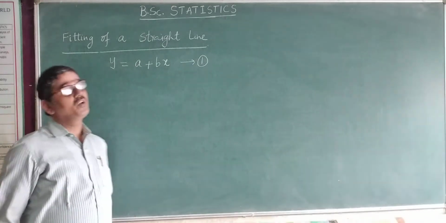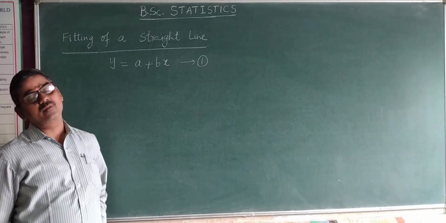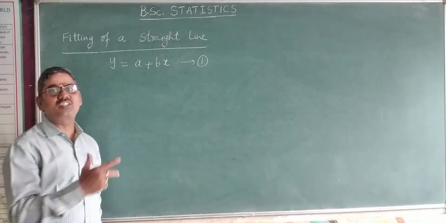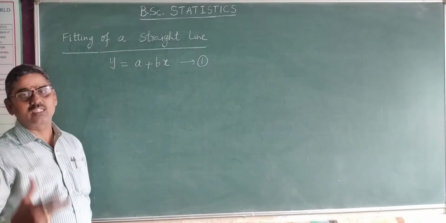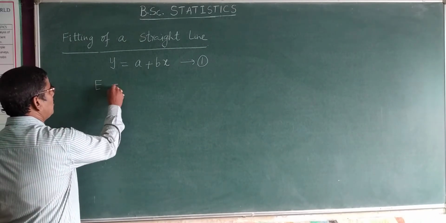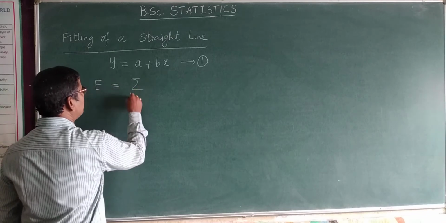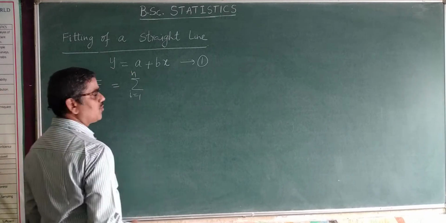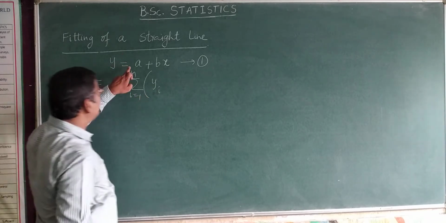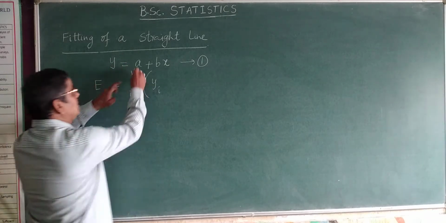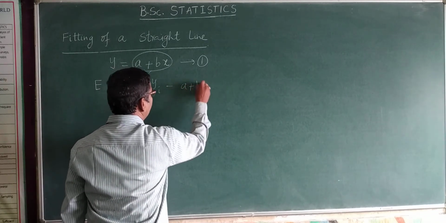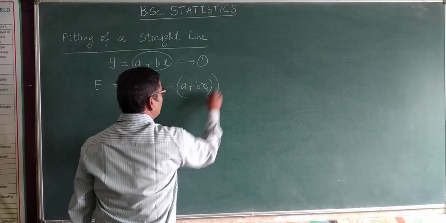So therefore, my argument is, now I consider the principle of least squares, for which I consider the sum of the squares of the residuals, the other component e. The e is the sum of the squares of the residuals: summation i equal to 1 to n of yi, which are the actual values, minus a plus bxi, the whole square.